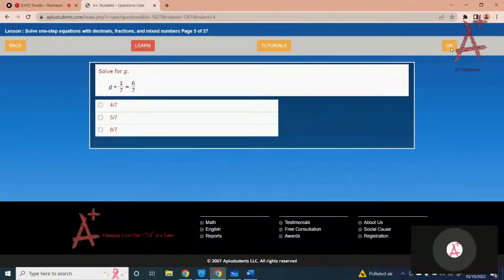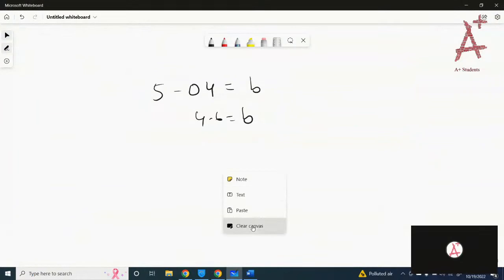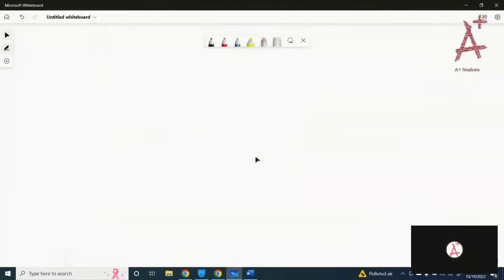So g plus 1 by 7 equals 6 by 7. It would be g plus 1 over 7 equals 6 over 7. So 1 by 7 is adding to g.